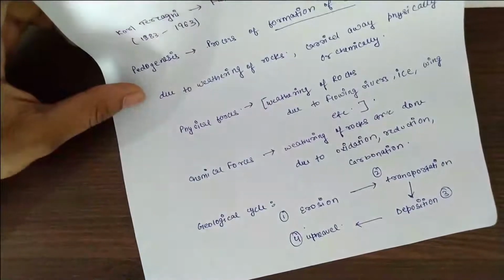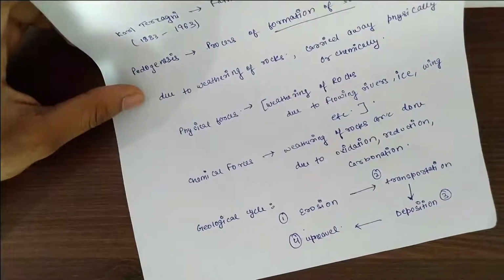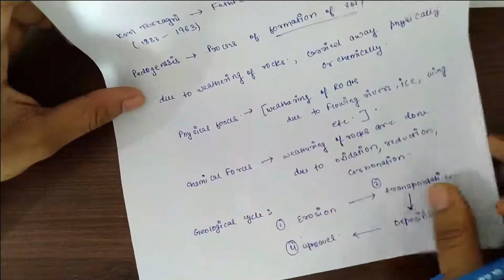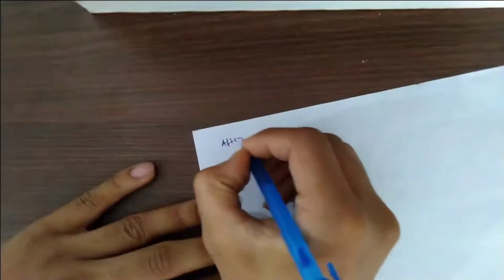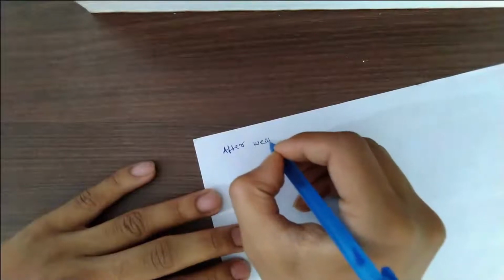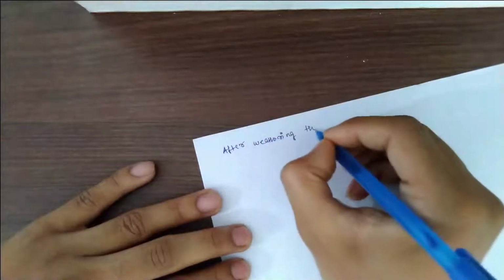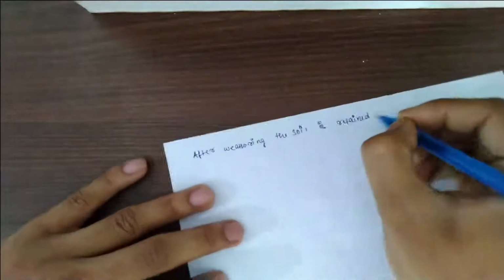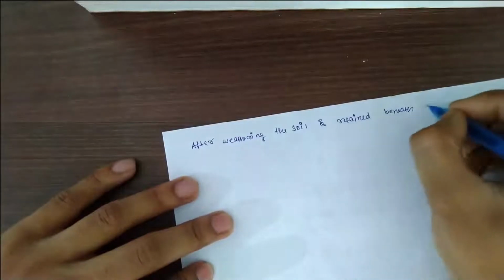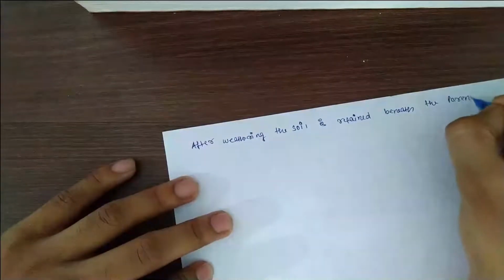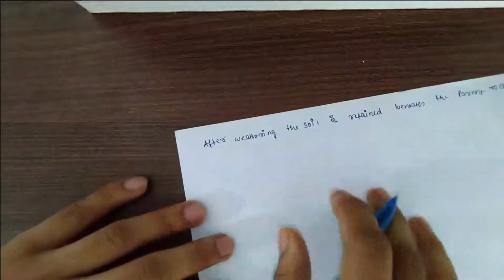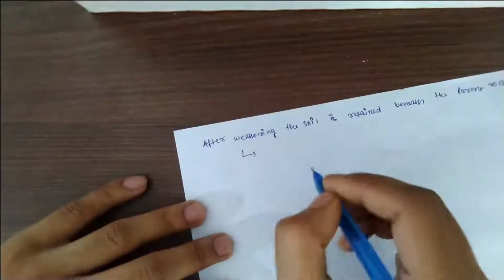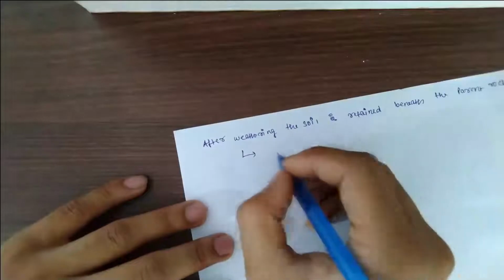Now after weathering, what happens? The soil is retained beneath the parent rock, and this type of deposited soil is known as residual soil.